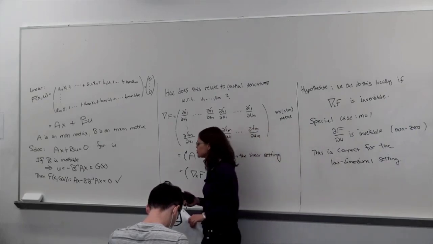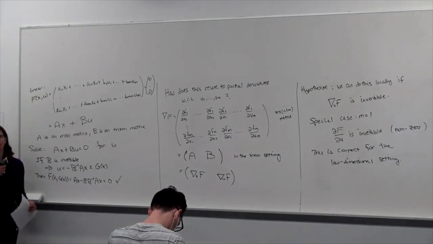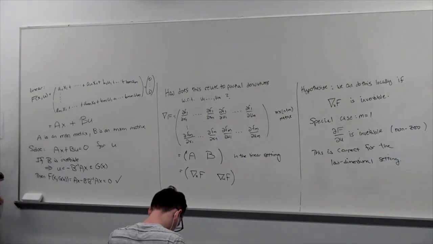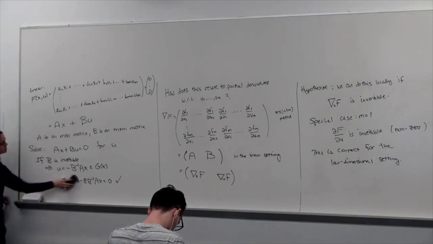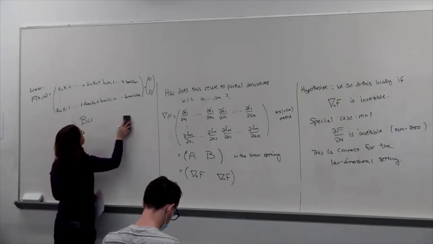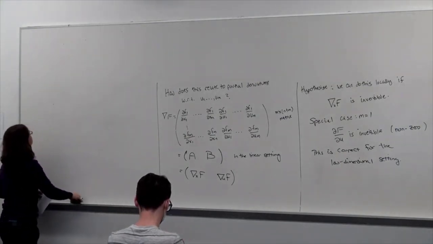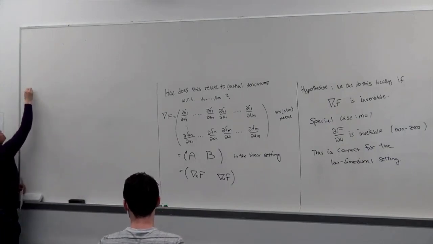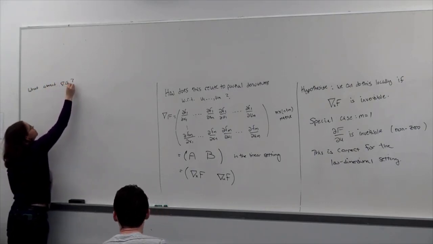All right, then the other thing we were concerned about is, can we come up with the Jacobian of G? Because G is now a vector valued function. So I'm going to erase this board, but remember again that in the linear setting, this was our G. Okay, so what about the Jacobian of G?